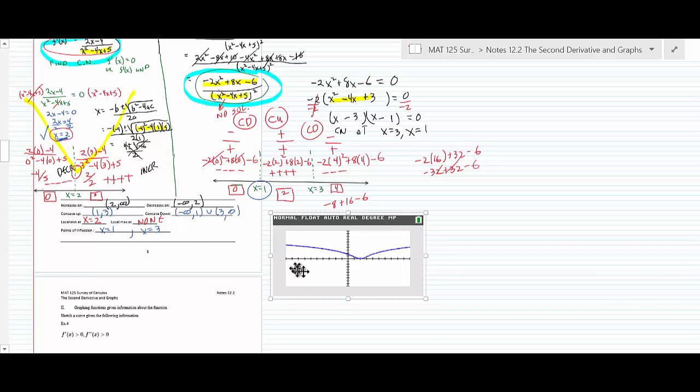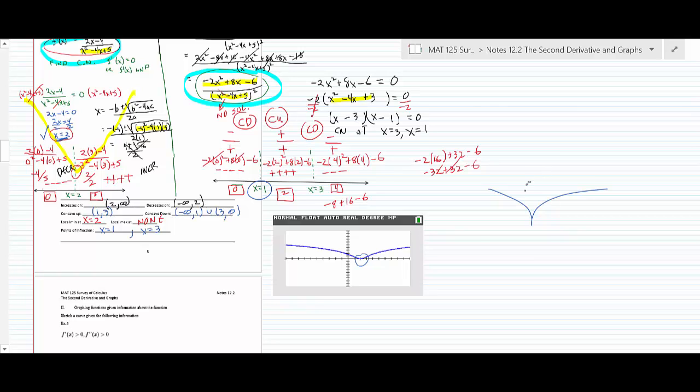What you're going to find is you're concave down from negative infinity to 1, and then concave up just for a little bit from 1 to 3, then you're concave down again. It almost looks like it's down and down, but it isn't. Actually, this is not a sharp point. The derivative does exist there.